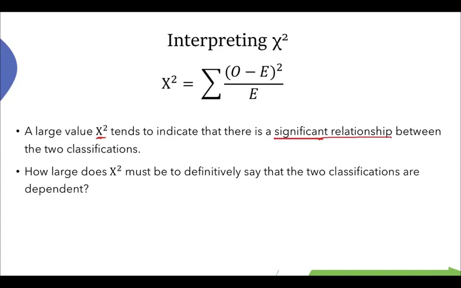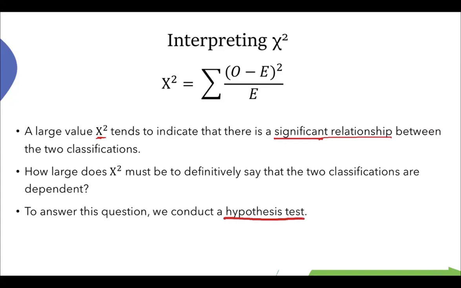So how big does it actually have to be? How large is large enough? Well, in order to say these two classifications are dependent, we need to conduct a hypothesis test to determine that. So in the same way that we did the z-test and the t-test, and we needed a difference between our sample statistic and our population mean, we needed that difference to be a significant difference.